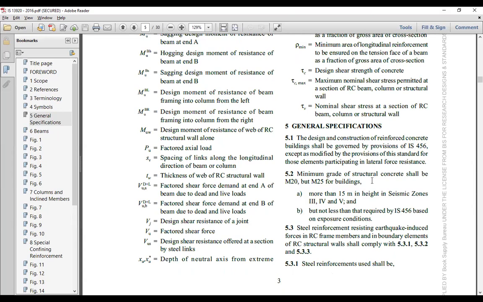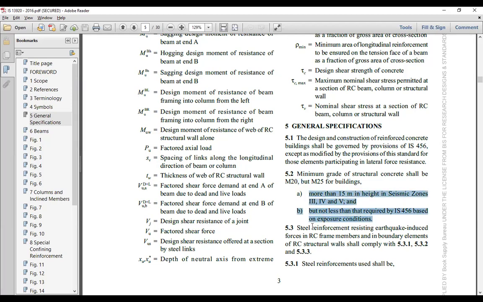Okay, now let us come to the second clause. Here in the second clause there is a slight change. The minimum grade of structural concrete shall be M20. Okay, this we have seen, but it should be M25 for buildings more than 15 meters in height in seismic zones 3, 4 and 5, but not less than that required by IS 456 based on the exposure conditions. So this is an addition.